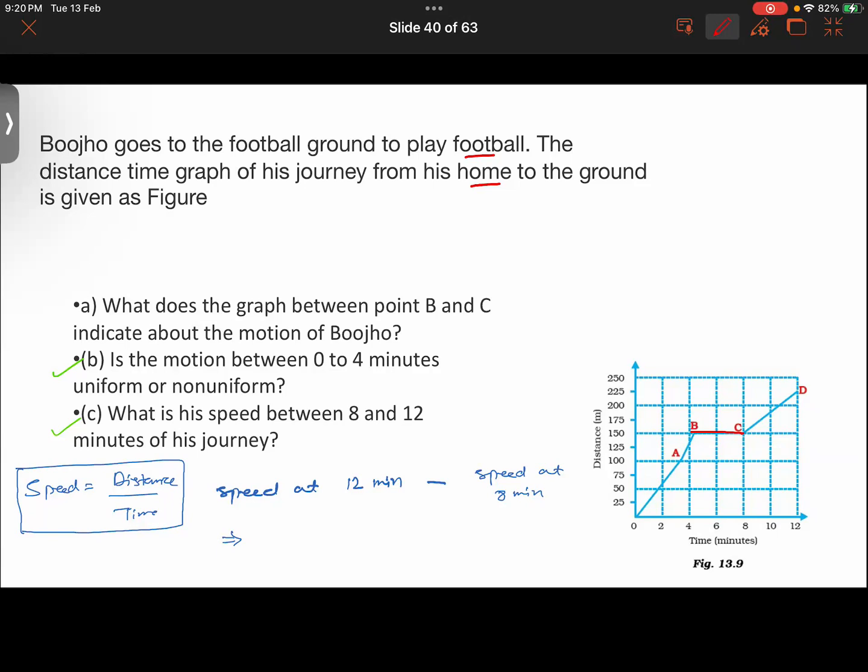Okay, tell me, how do you find speed at 12 minutes? What is the distance traveled at the 12th minute? It's 14.7 something. Okay, and then 150 divided by 8. Then which one divided by 8? 150 divided by 8, correct.